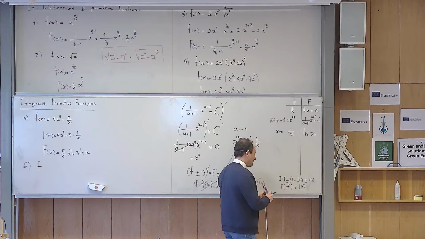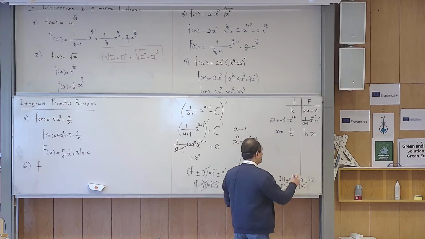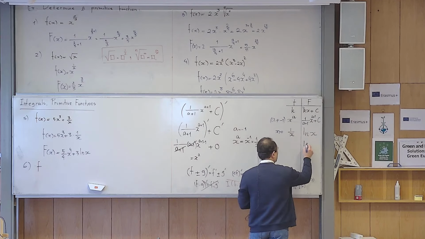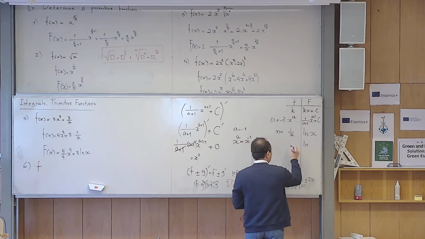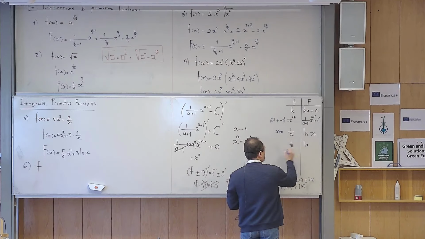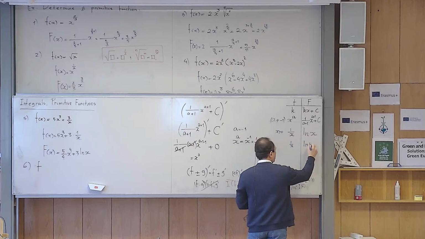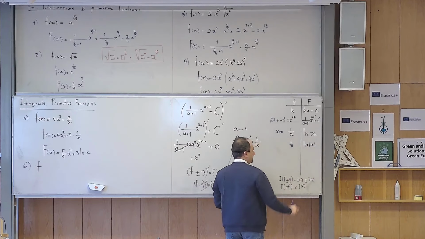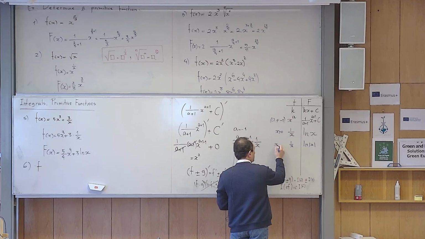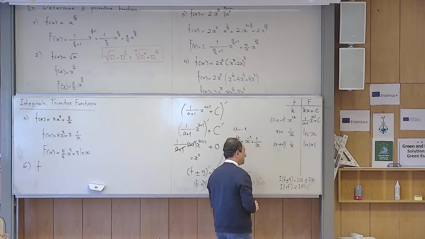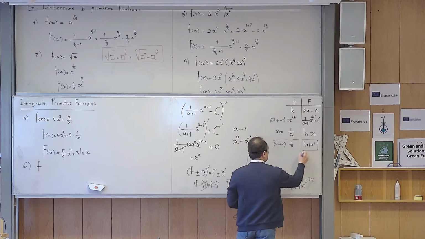So in principle, let me write it in blue. In university texts, if you have 1 over x, then they write ln of the absolute value of x. This formula turns out to be true, and the only exception is, of course, 0. Okay? So this is the formula I prefer to write.